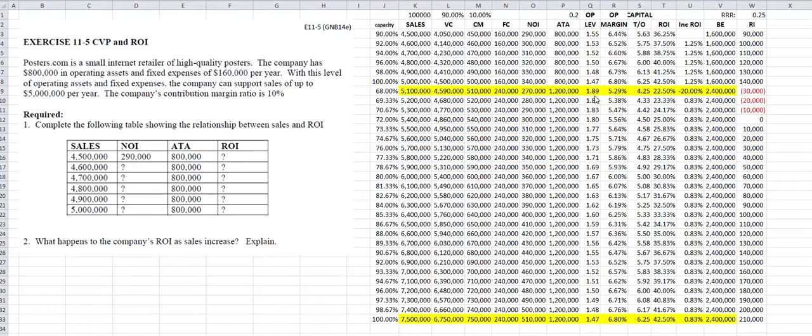My operating leverage has jumped up considerably, which makes sense because my cost structure is once again more heavily weighted towards fixed costs. My operating margin has been significantly negatively impacted, as has my capital turnover, and as has my return on investment and my residual income. They've been whacked pretty good.